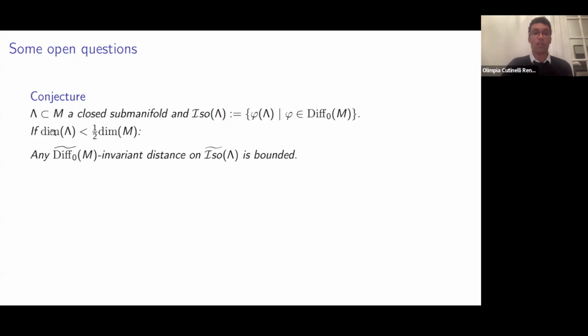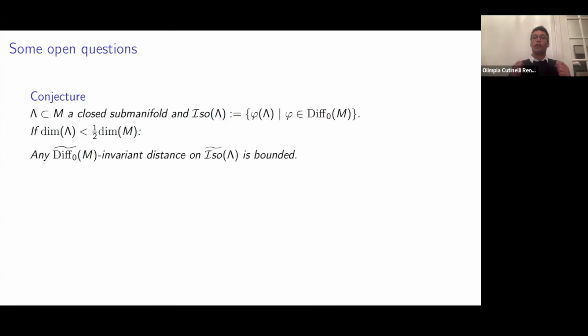If you take a closed submanifold inside M, and you take its isotopy class, so the space of phi lambda for phi a diffeomorphism isotopic to the identity, and if you assume that the dimension of your submanifold is small enough, so here strictly less than half the dimension of your initial manifold, which is the case, of course, for Legendrian, then I would like to show that an invariant distance on the universal cover of the isotopy class of lambda is bounded.